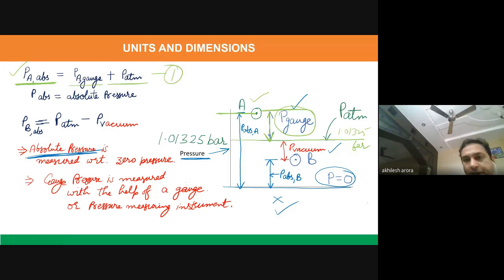It is equal to gauge pressure at A plus atmospheric pressure. Once again, you see it here. This is the absolute pressure when I am taking the pressure with reference to zero pressure. The absolute pressure is measured from this point up to this point.